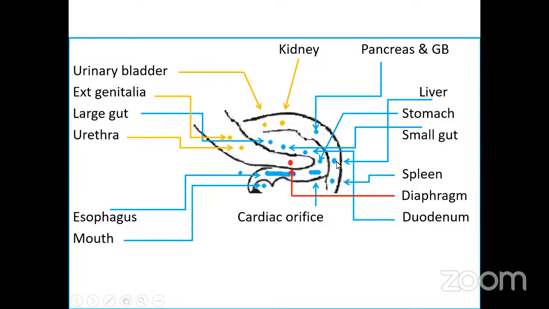just adjacent to the stomach, posterior to it, comes the liver. And a little above here, corresponding more or less to the duodenum, comes the pancreas and the gallbladder.